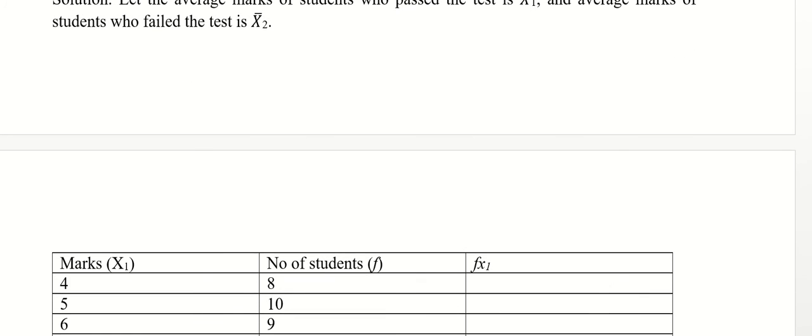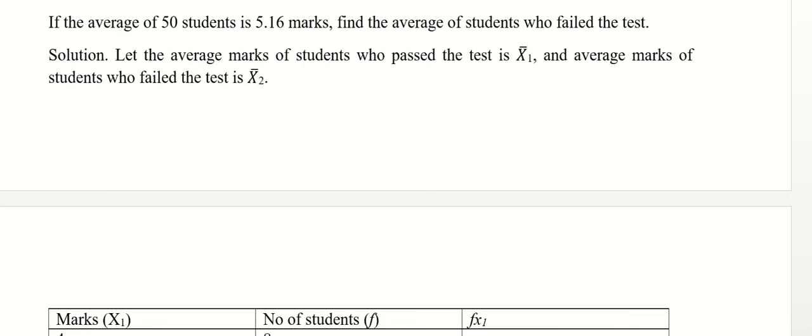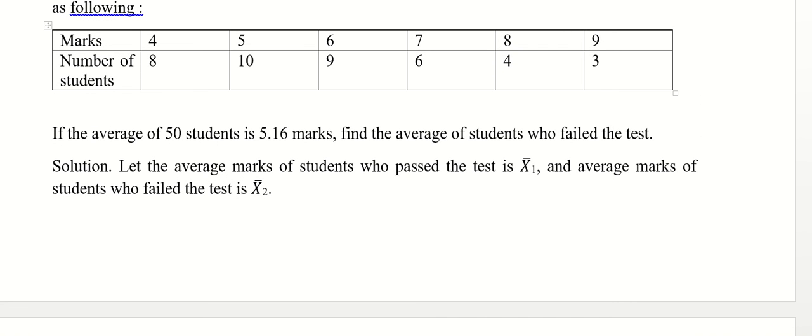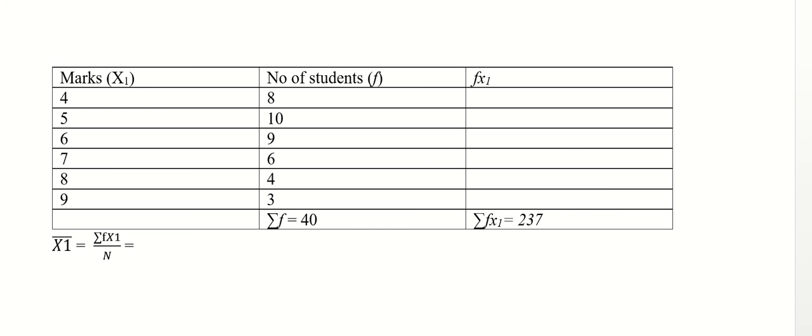Now we need to find x bar 1, the average of the students who passed. We are already given the marks and the number of students, so we will just solve it.